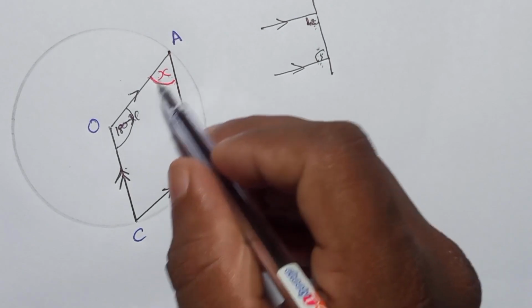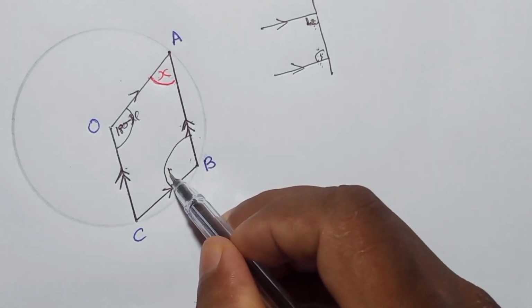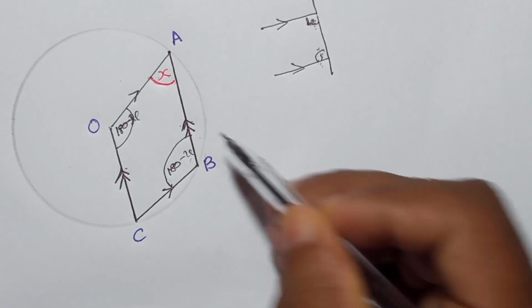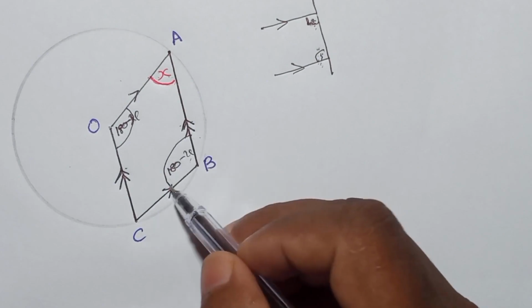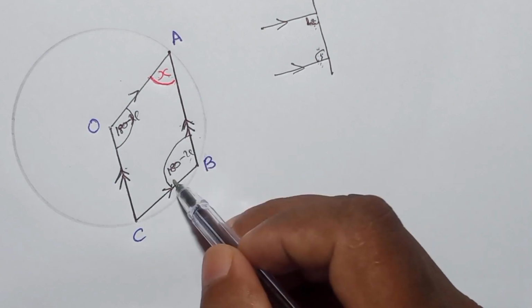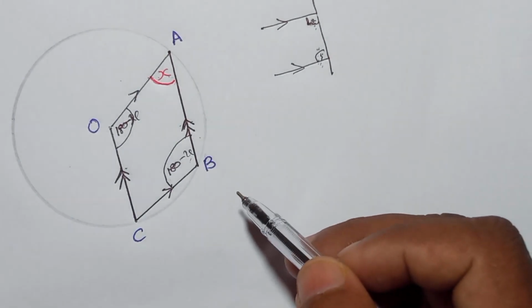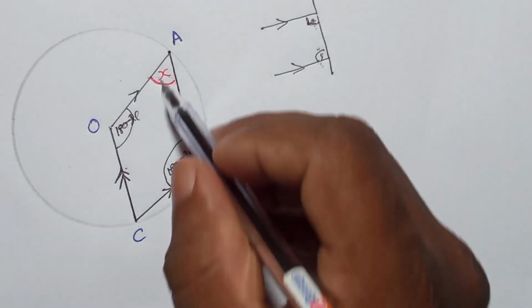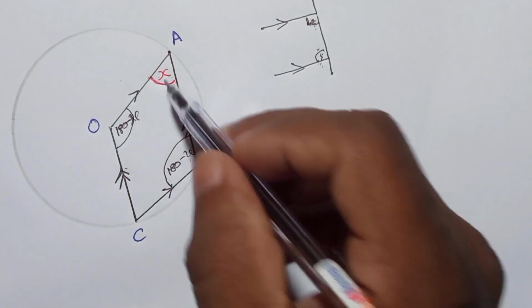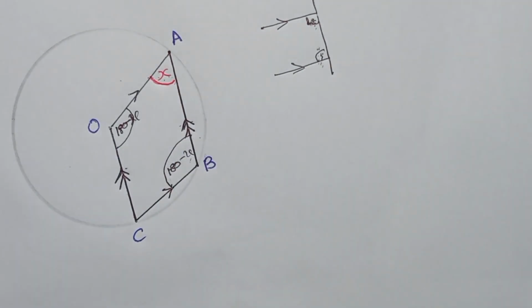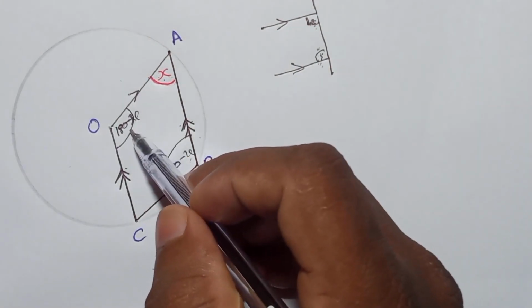So if this is x, you can name this as 180 minus x, because this angle plus this should be 180, right? Try to remember that. If you know this x, you can name this as 180 minus x. This also 180 minus x.